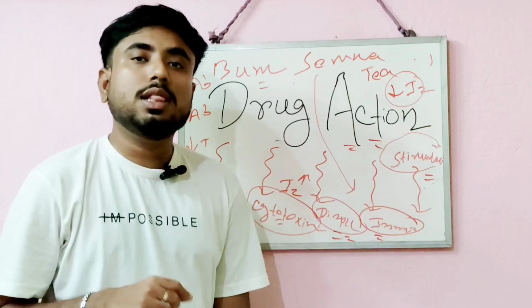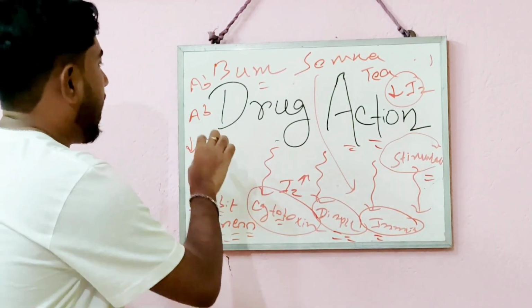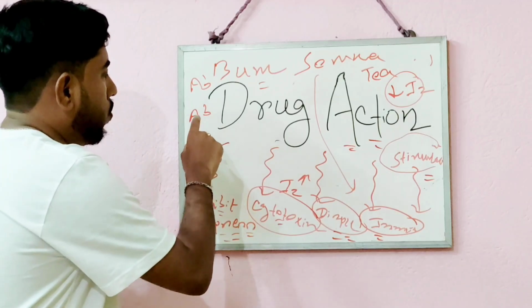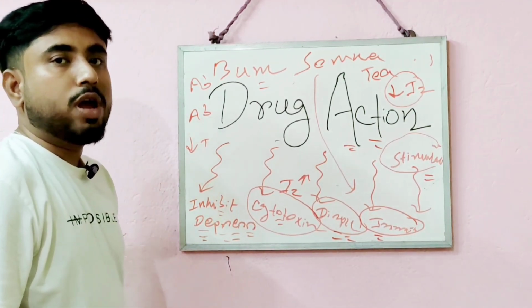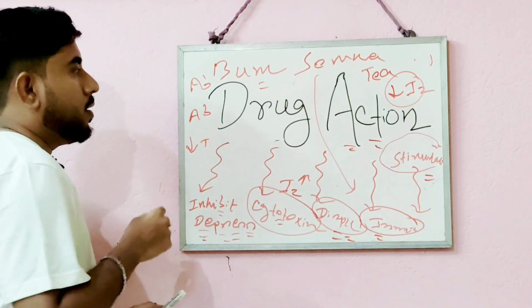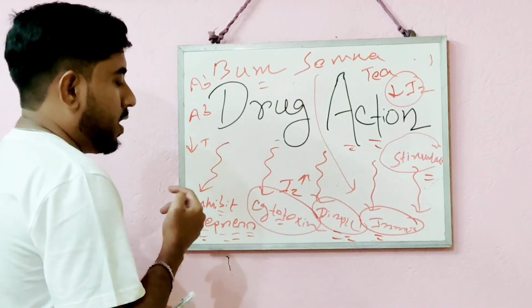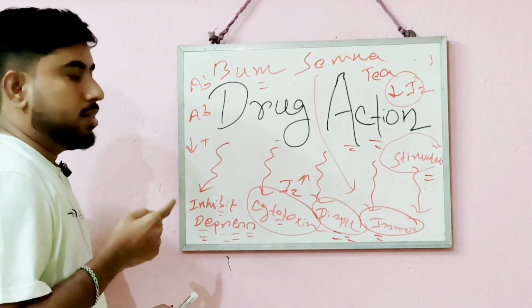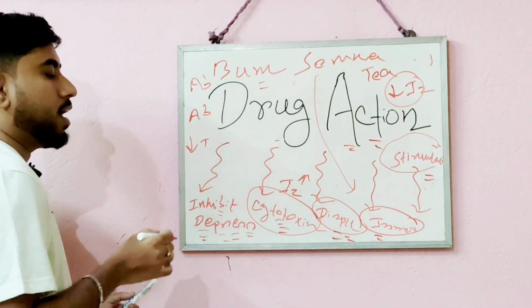To remove or kill that infection, we take different drugs from outside, like antibiotics. To decrease antigens, we have to take antibiotics, or we have to stimulate our immunity so that it can fight against the antigen, cause the death of the infection and treat the disease. So cytotoxin is also one of the drug actions.